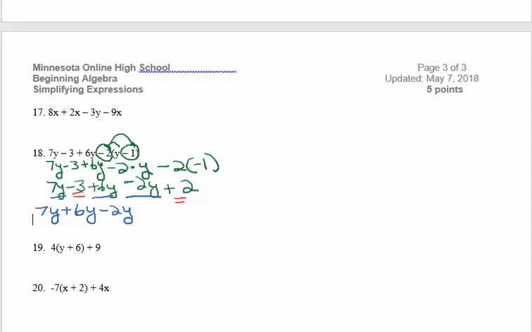And then the number parts would be minus 3 and then plus 2. So you'll combine all of these y's, just the numbers in front get added or subtracted as you go. And then for the number part, it'll be negative 3 plus 2. I'll let you do the y part, but for the number part, it'll just be minus 1. So whatever you get for the y, and then minus 1.